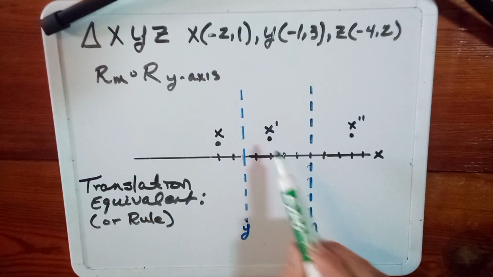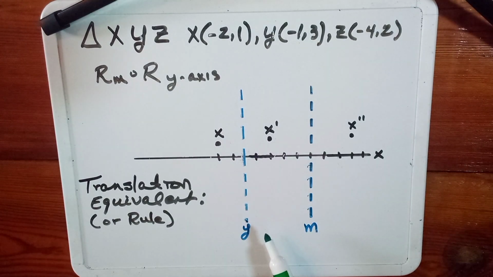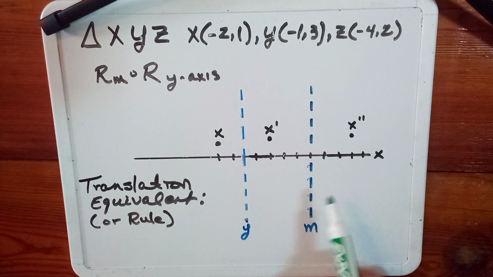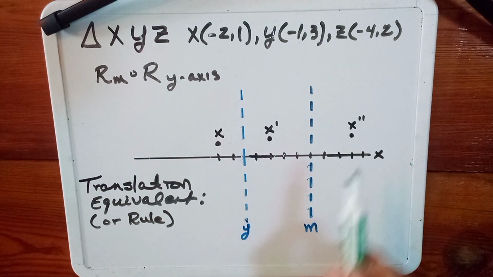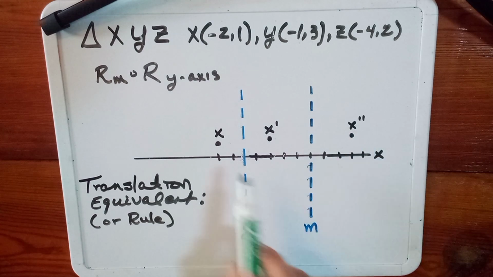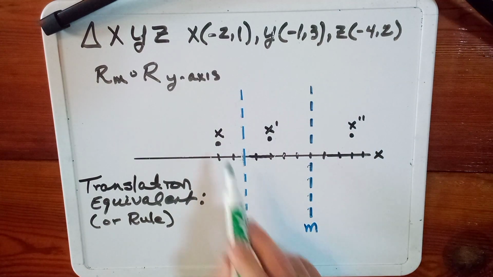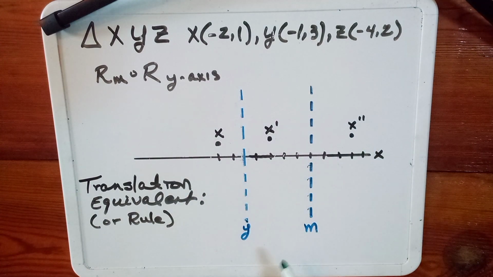So here's my first reflection, and some texts will show the first reflection as X prime, and this would be X double prime. They basically will call this the final image, and this is the pre-image. It's what you're going from and to.